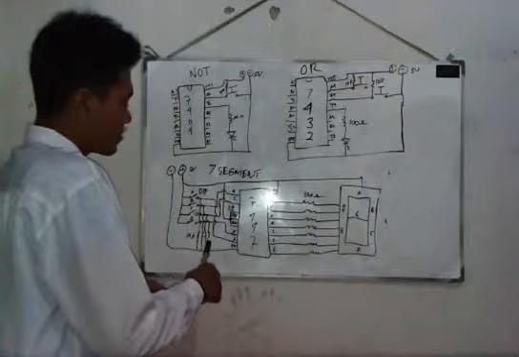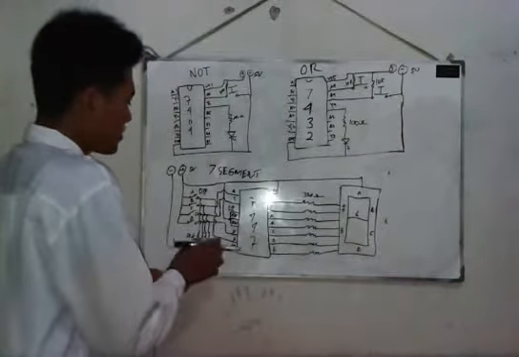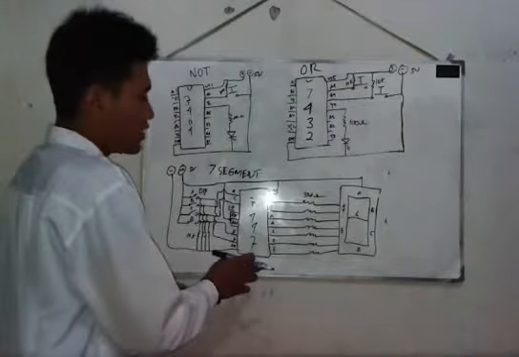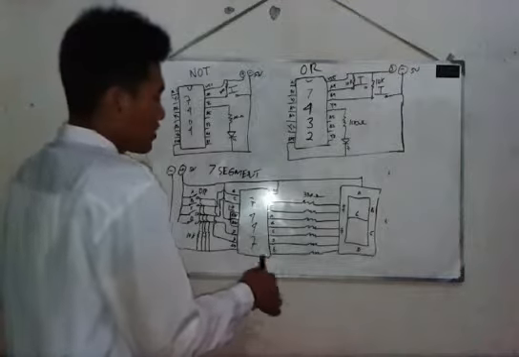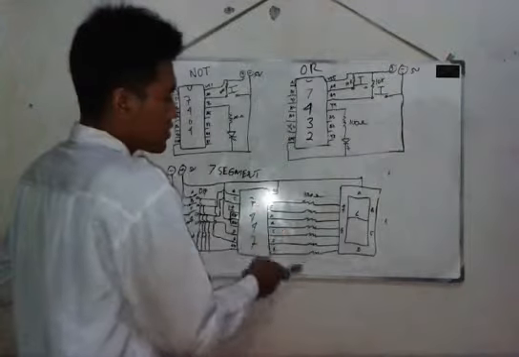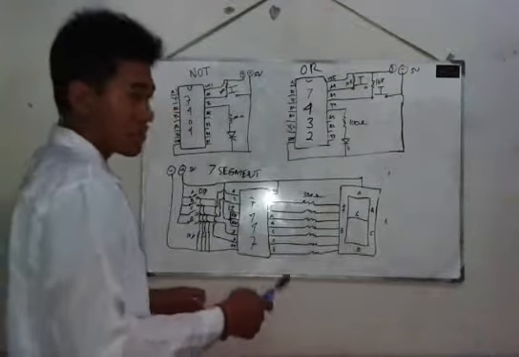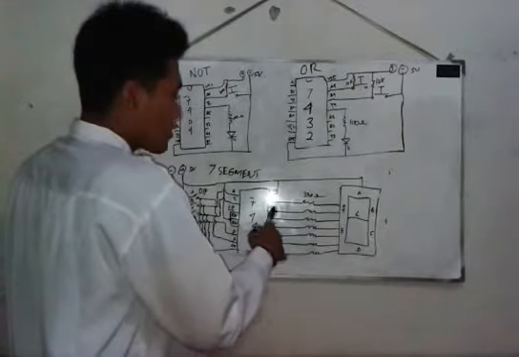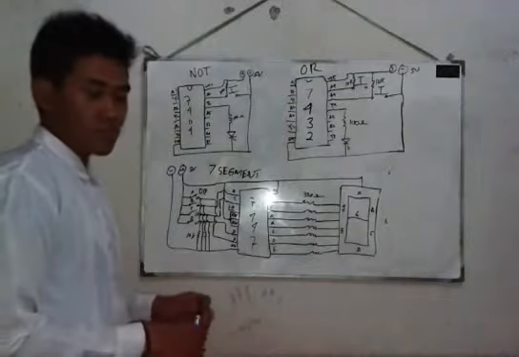This resistor is used to limit the current to the input of IC 7447, and this 330 ohm resistor is used for limiting the current to the 7-segment display.